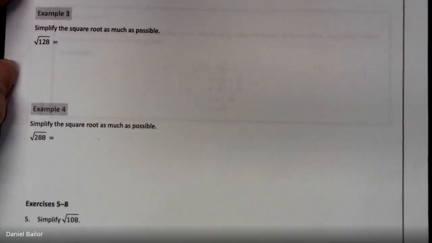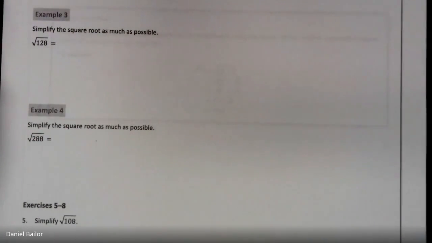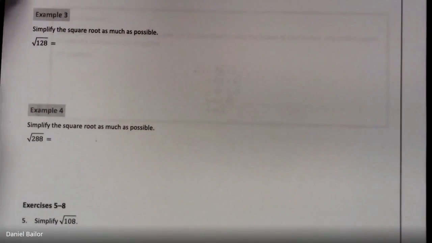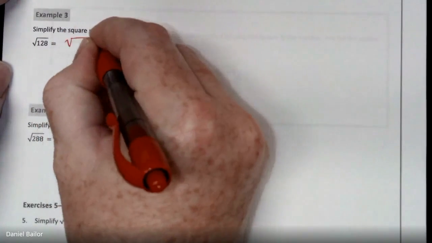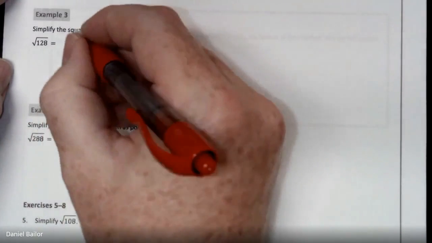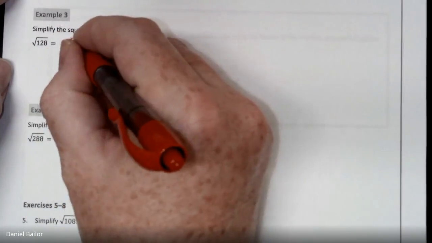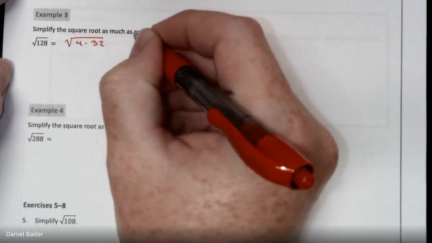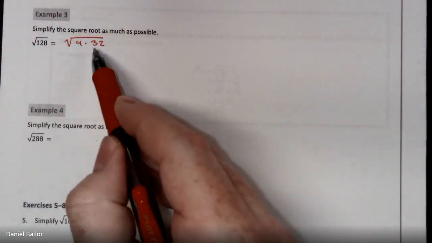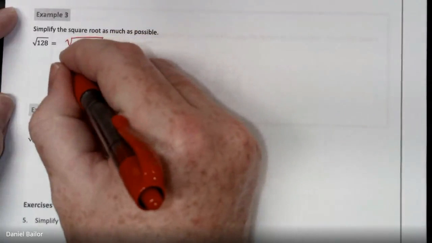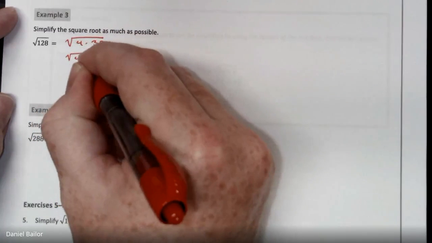When I see 128, I'm like, okay, what can I break 128 into? Well, I know 4 goes into 12 and 4 goes into 8. So I know 128 is 4 times 32. Okay, but can I break 32 into anything? Well, I can, because 4 is a perfect square.